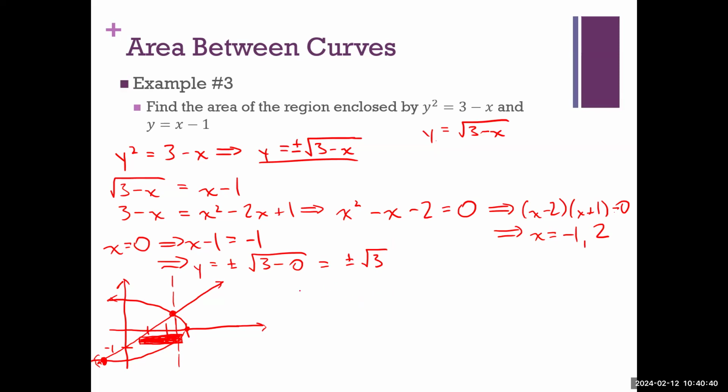So now, instead of setting up an integral exactly like we're used to, let's do it this way. From y equals a to y equals b of f of y minus g of y dy. Basically, we're still setting up a Riemann sum.